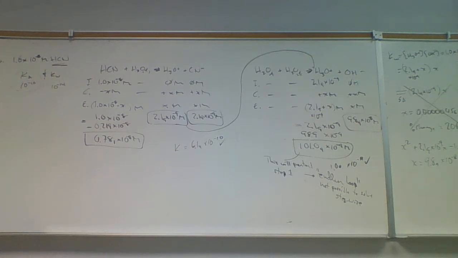It can't be 1.0 times 10 to the minus 8 because that would give us a pH of 8, which is basic. It had to be a little bit bigger. About 10.5 times 10 to the negative 8.